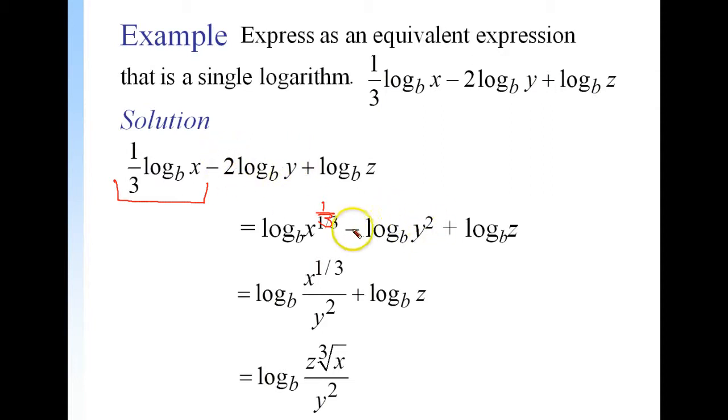I'm keeping my negative because that's telling me that's going to go in the denominator. And then this is just written this way. That's fine. Now, I'm going to put this over this. So I'm bringing this down to our denominator. And I just have that.